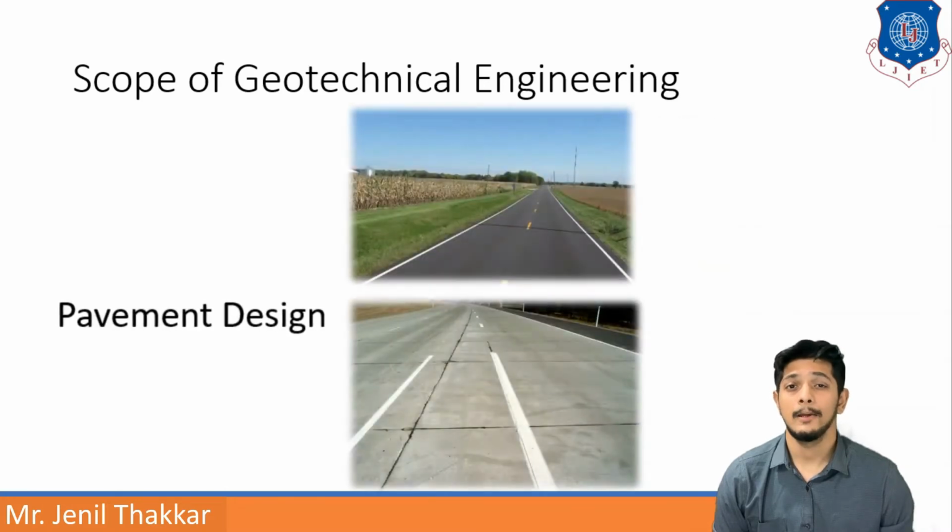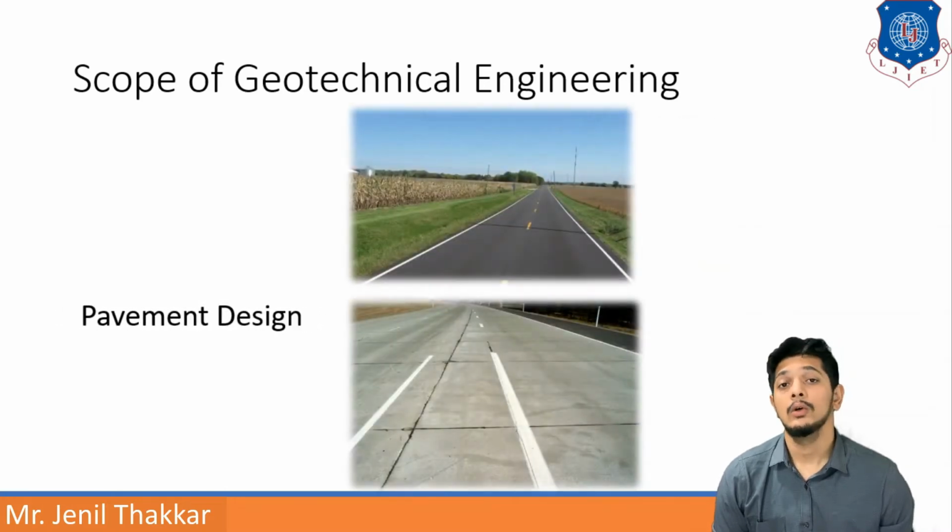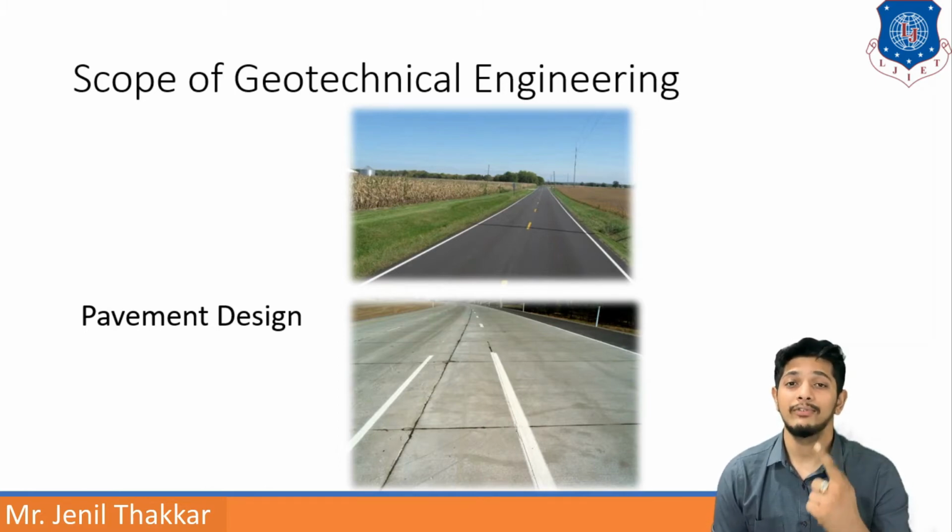Next is pavements. Now, pavements are of two types, that is flexible pavement and rigid pavement. Here in this picture, you are seeing the first image of a flexible pavement and the bottom image of a rigid pavement. Now we can say a tar road is a flexible pavement, and an RCC road is a rigid pavement. We will get to know this further in this subject.